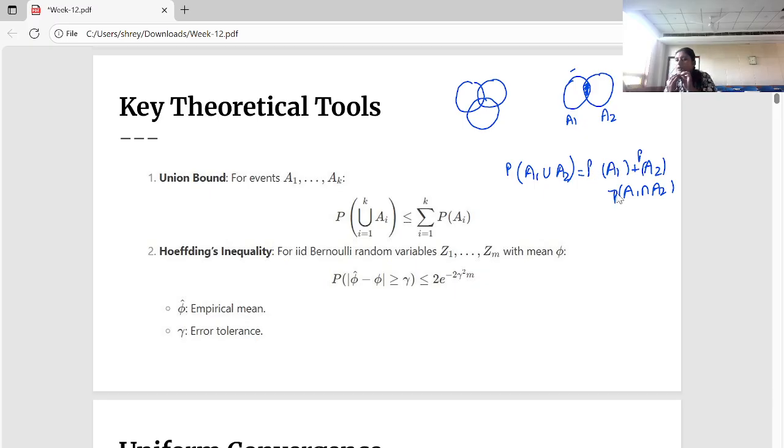So the probability of A1 union A2 can be defined as probability of A1 plus probability of A2 minus probability of A1 intersection A2.